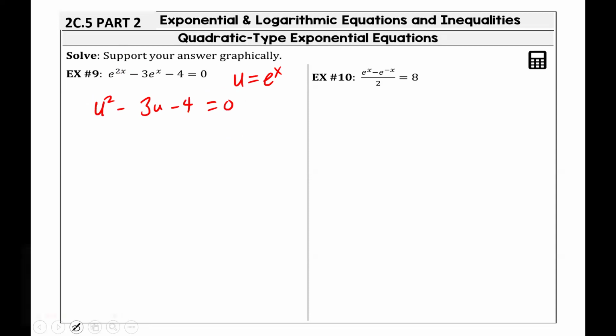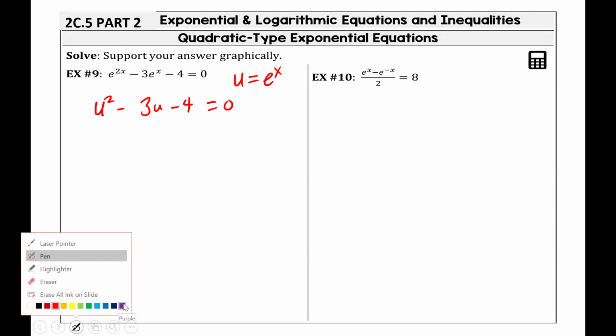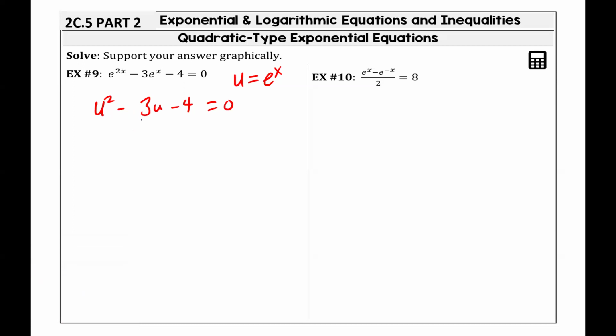Okay. Now, by replacing this with u, I can easily see that this is just quadratic, right? What multiplies to give me -4, but adds to give me -3? What two numbers? What kind of 1 and 4?